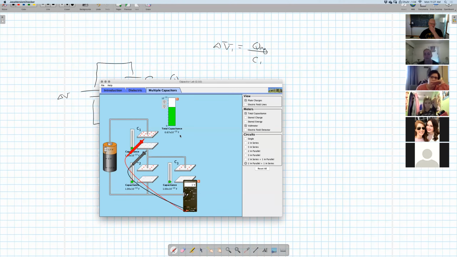So when you calculate it by hand versus here, again, look at your absolute and relative discrepancy, and then measure the potential across each one of these individual parallel plate capacitors, calculate those out by hand and compare those to your theoretical values. So this would be your experimental value.